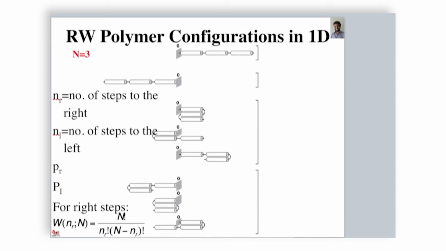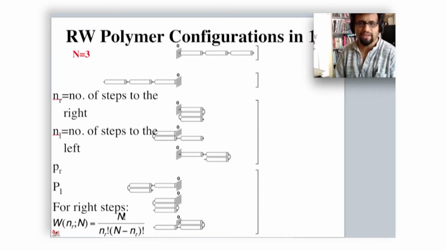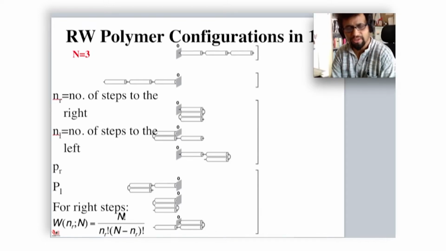So if we are to find out the multiplicity that arises, the possible conformations that arise out of a certain number of steps to the right, then we have a very easy recourse to going back to our binomial coefficient to count the number of ways we can arrange it.